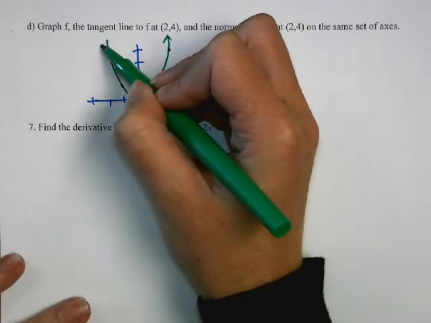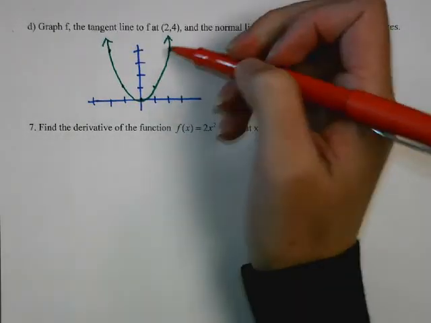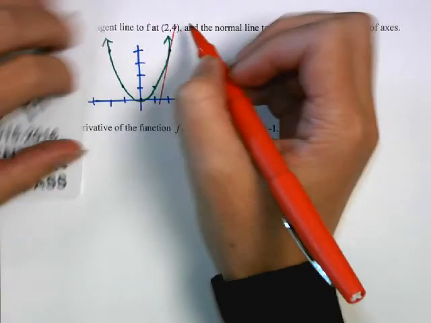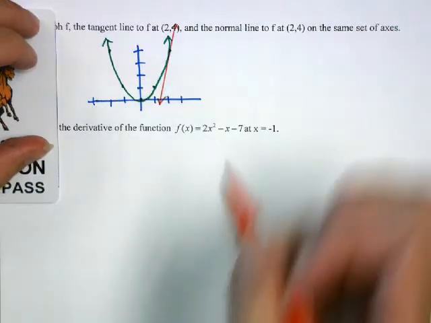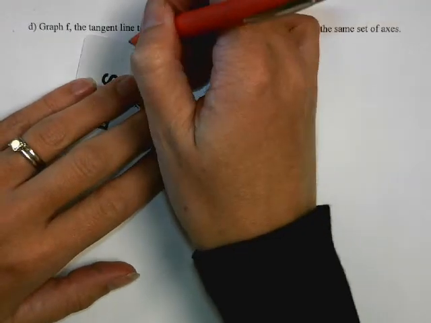There's y equals x squared. The tangent line is the line that has a slope of 4, and it's going from this point. So I'm just going to approximate it. Okay, and then the normal line is going to go perpendicular to that.